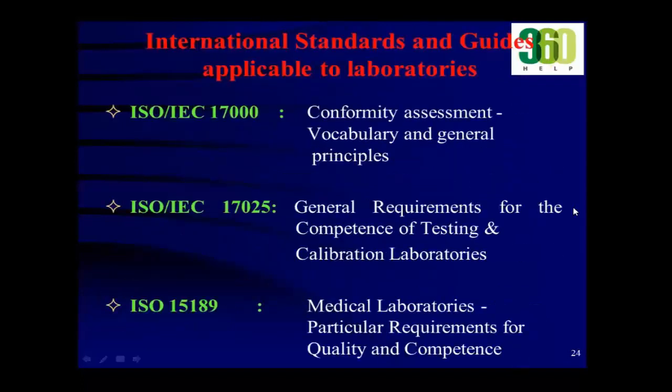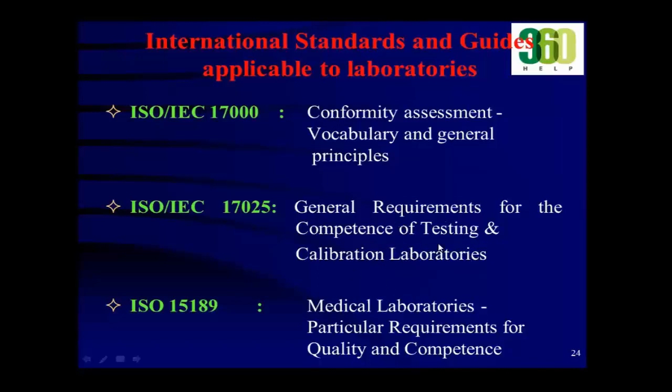As I told you, NABL itself also has to undergo an assessment against an ISO standard, which I will just tell you. These are a few standards which you should be very well aware of. 17000 is conformity assessment, vocabulary and general principles. 17025 is the standard for competence of calibration laboratories.